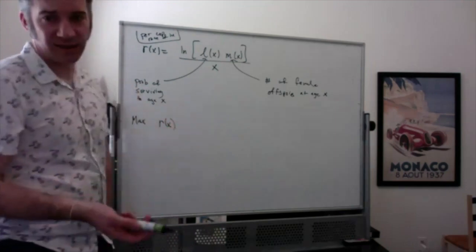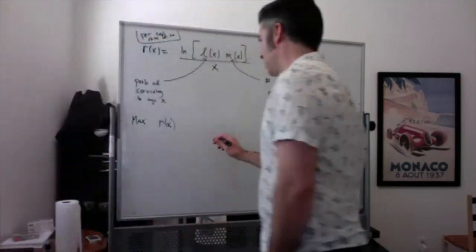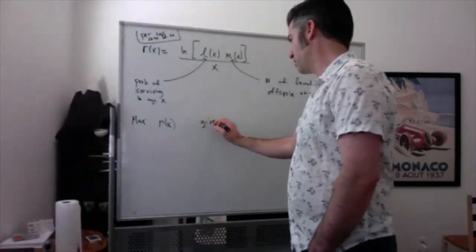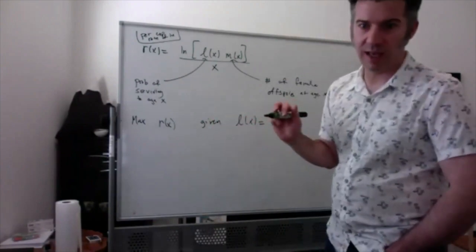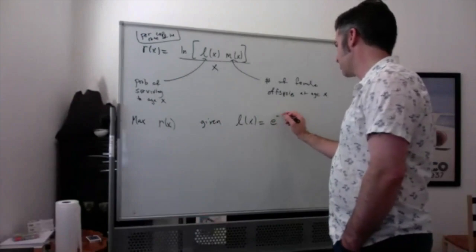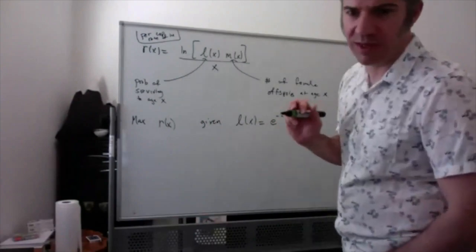And they give us, I feel like they made this kind of really wonky, L of x equal to e to the negative ax and M of x equal to bx to the c.